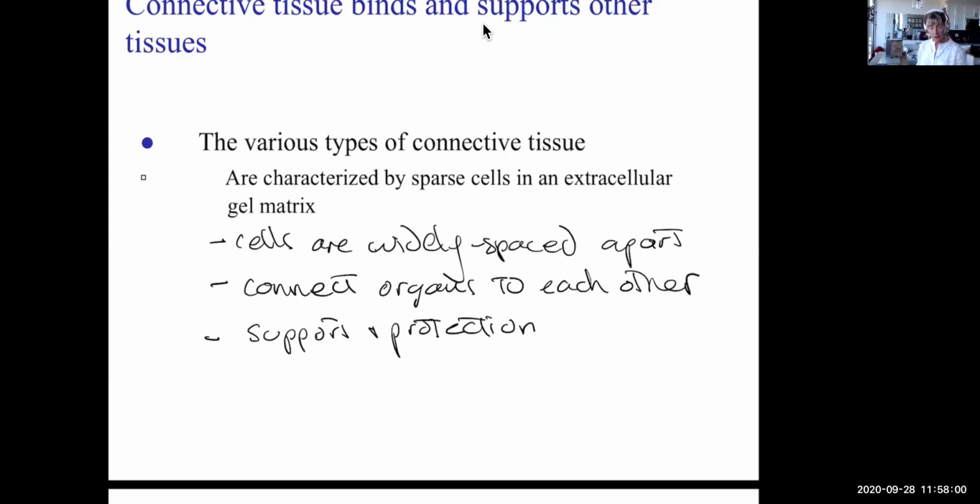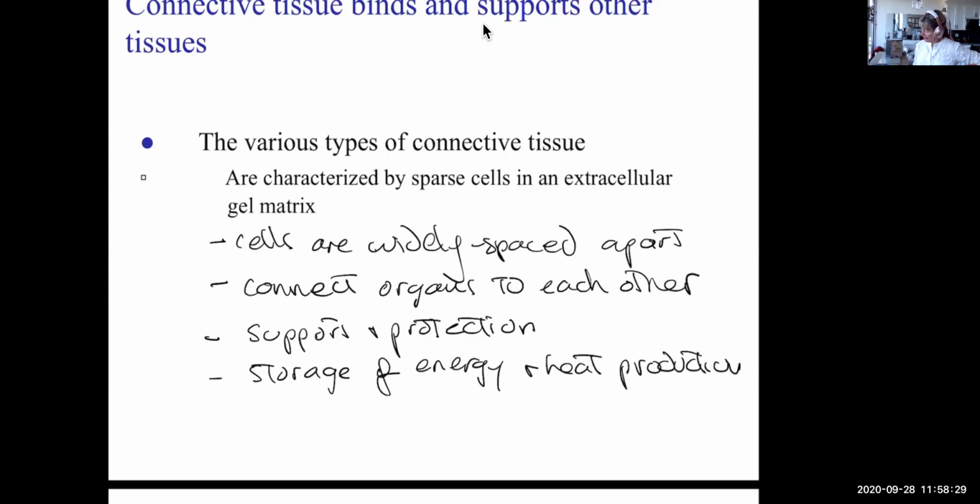Connective tissue surrounds organs to support organs, keep them suspended in place, but also some connective tissue is adipose, and that maintains the temperature and insulates various organs. They also operate as storage of energy and heat production, in particular adipose tissue. Connective tissue can also function in movement and transport.